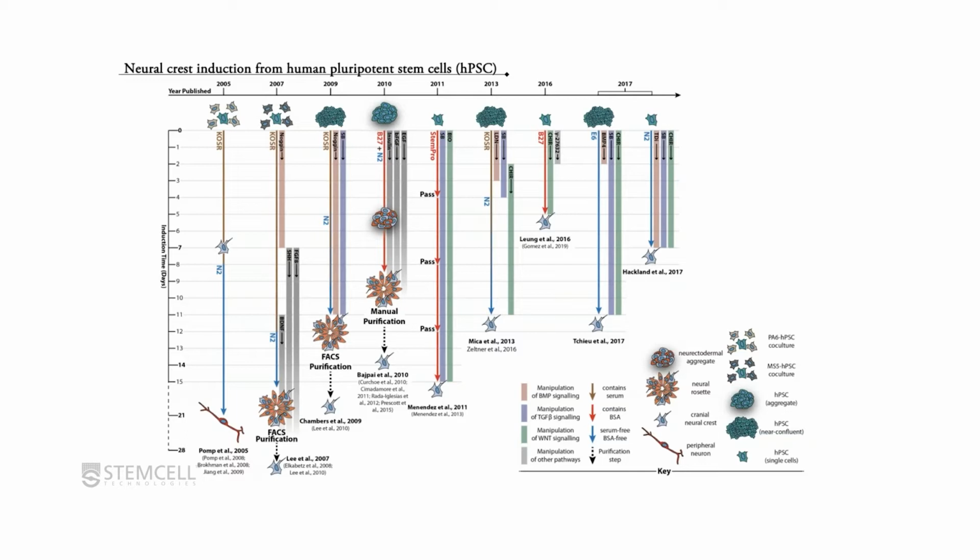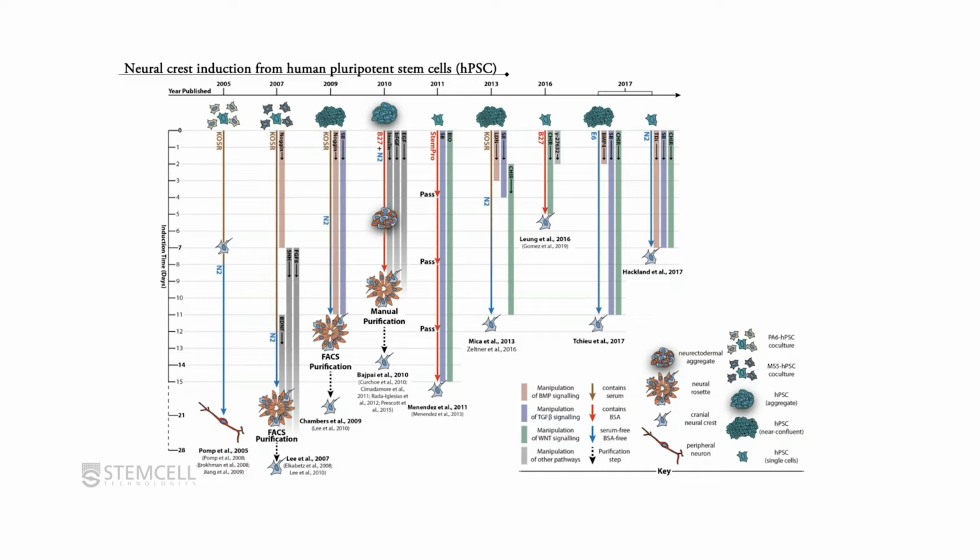No more co-culture and SDIA, a gradual move away from knockout serum, and even from BSA-containing approaches. There's also a move away from purification, whether manual or by FACS, and this is because gradually these publications generate neural crest with a higher efficiency and less neuroectoderm contaminating the cultures.